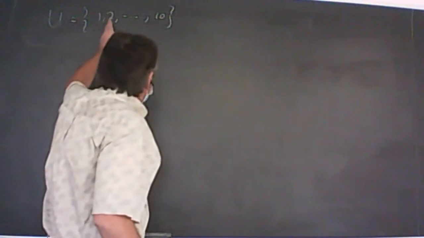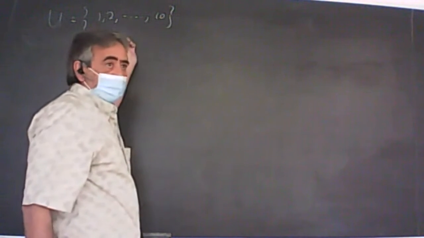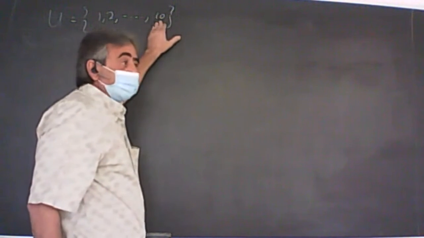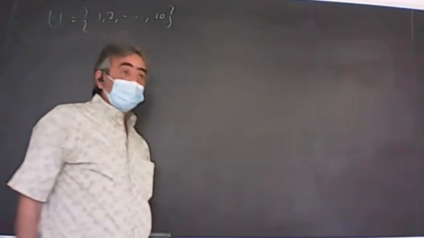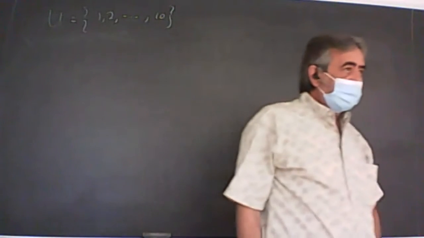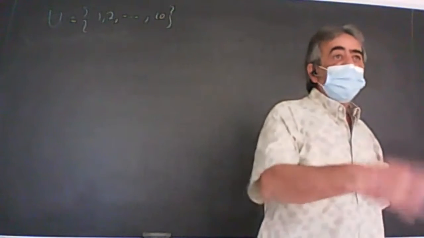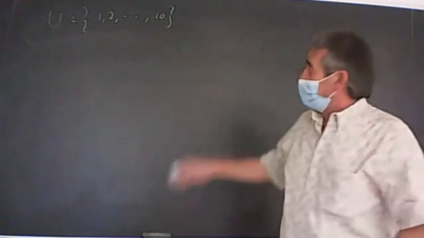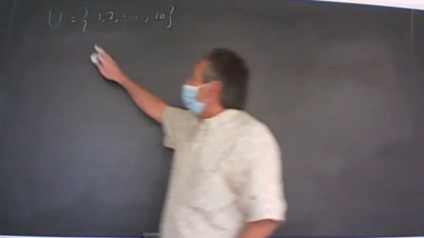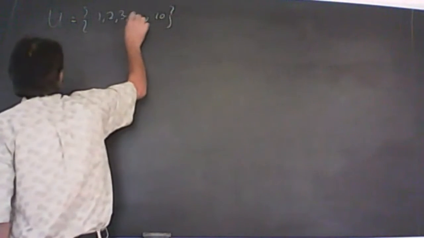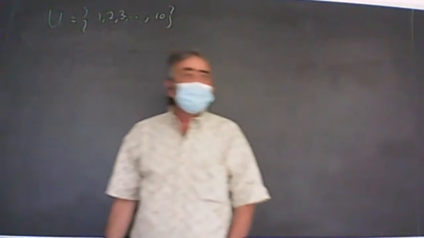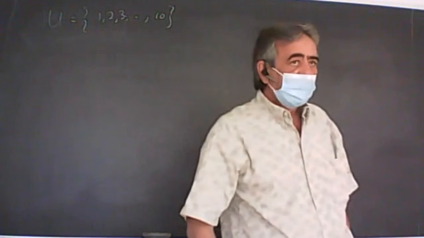Now, when you have dots in between the numbers, that means you will continue the same pattern you started with, until where you end. Yeah? So in this case, we are going one by one, 1, 2, then the next one will be 3, 4, 5, 6, 7, 8, up to 10. Normally, we see more than 2 numbers, just to make sure this is the pattern we're looking at. Yes?